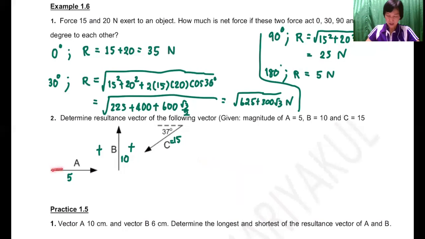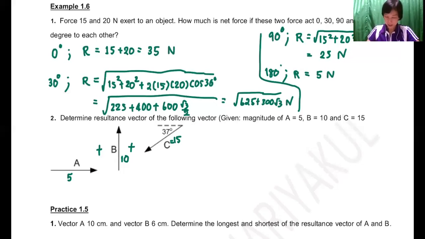Here, A is on the x-axis pointing to the positive x, B points to the positive y, but C is the only vector that is not on the x or y axis.